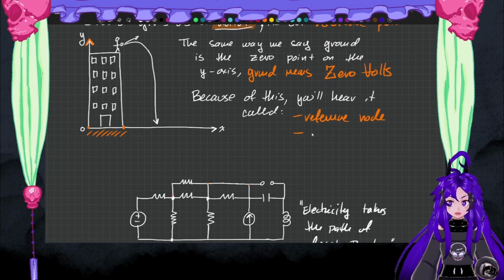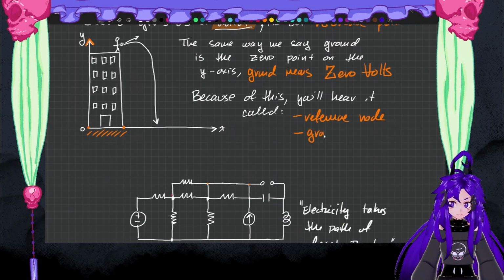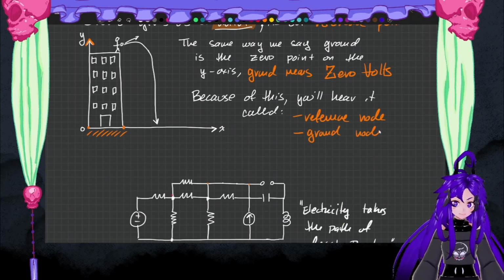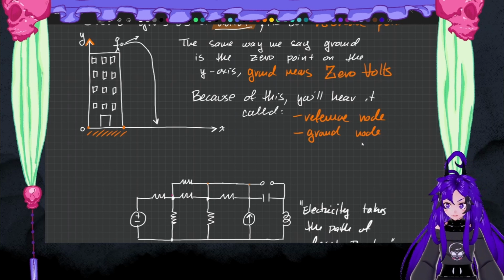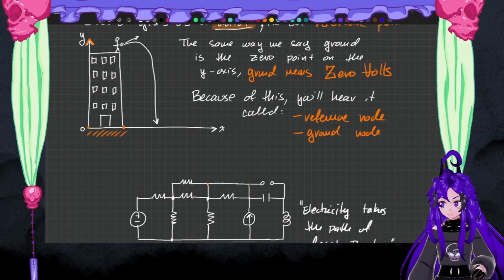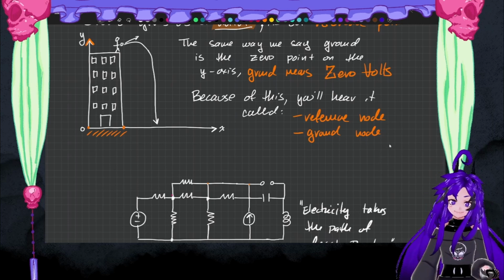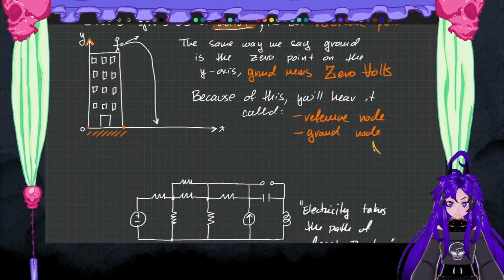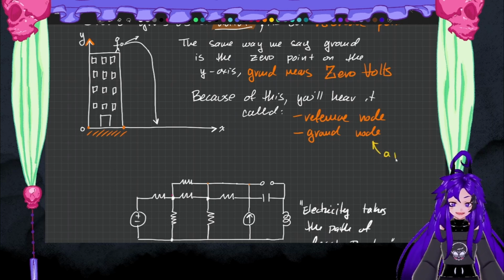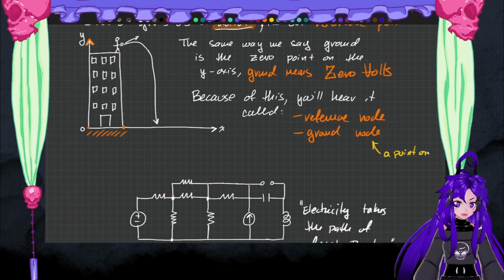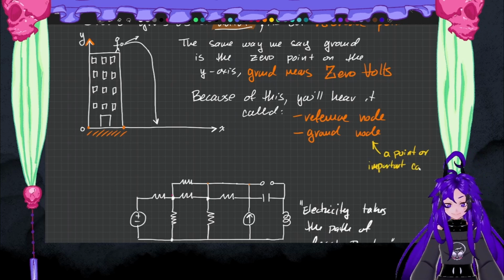You will also hear it called ground node. And you might be asking me what a node is. A node commonly is just a point, or important connection in a circuit.